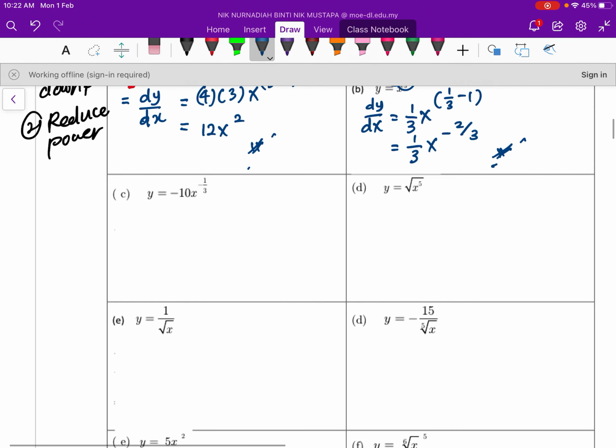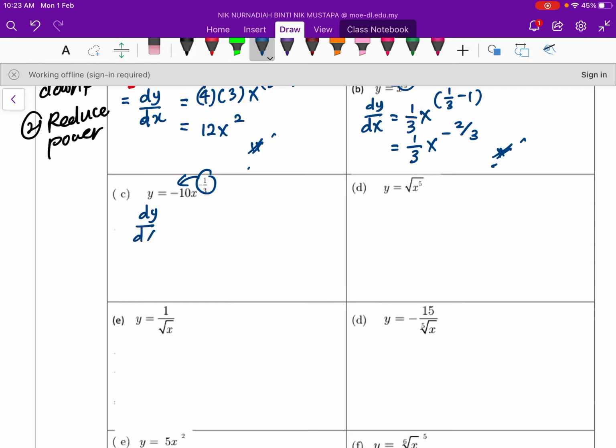Very simple, sebab benda ni awak dah belajar dah pun. So we just go quick. Here, y is memang dalam bentuk power dah, which is kita tak payah buat apa-apa. We just follow the step: bring down power, reduce power.